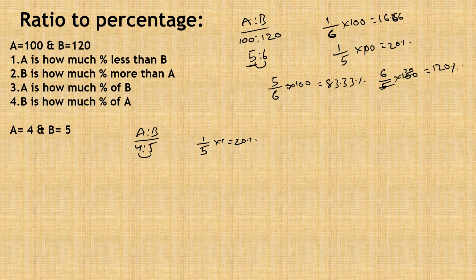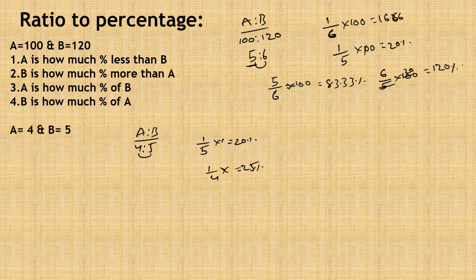From now we are writing this 1 by 5 in the ratio directly. B is how much percent more than A? B is 1 more upon 1 more than A, that is 1 by 4, which equals 25%. If you do it with 100 you will get 25%.